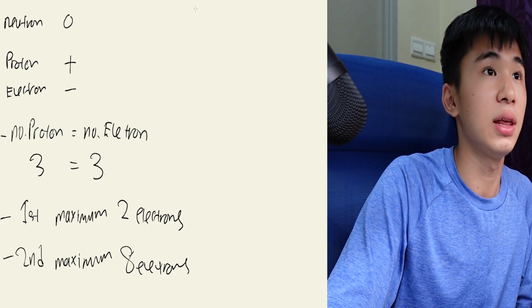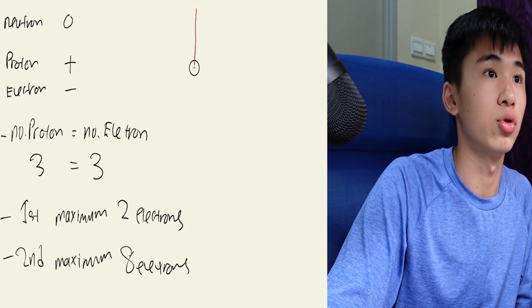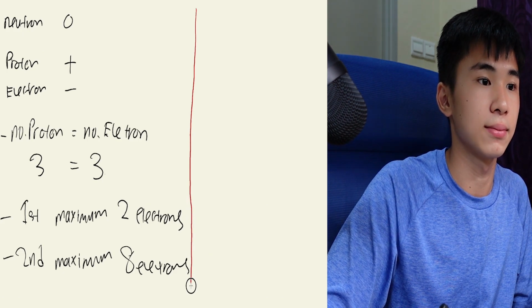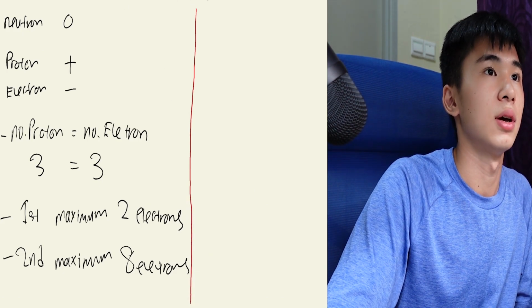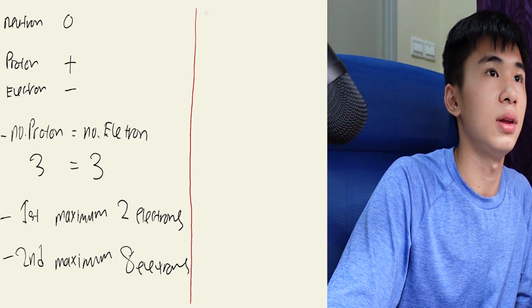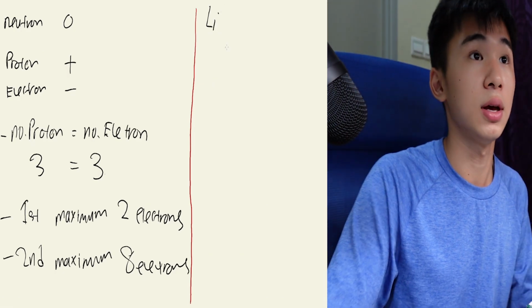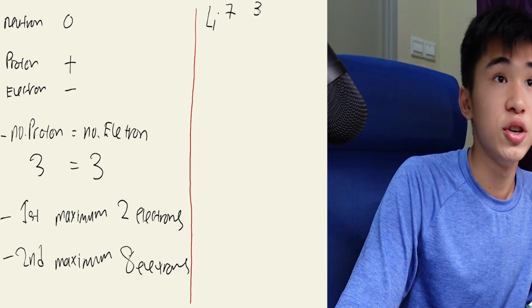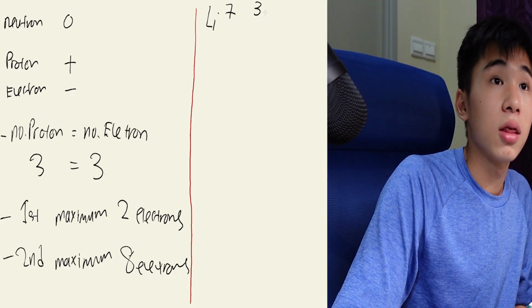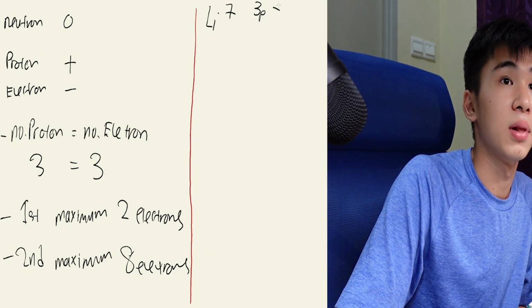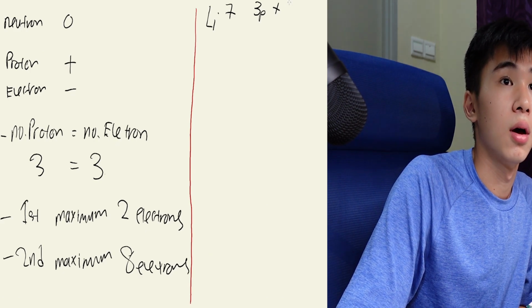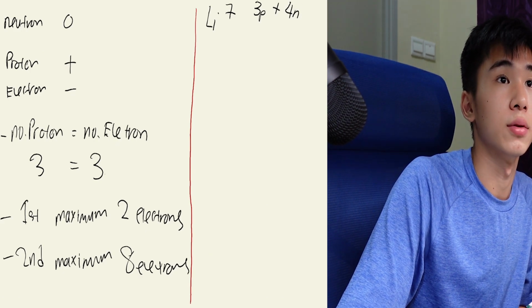And let's say for lithium, I'm just going to draw a line to separate it. For lithium, Li, the nucleon number of lithium is 7, which means that we have 3 protons plus 4 neutrons.